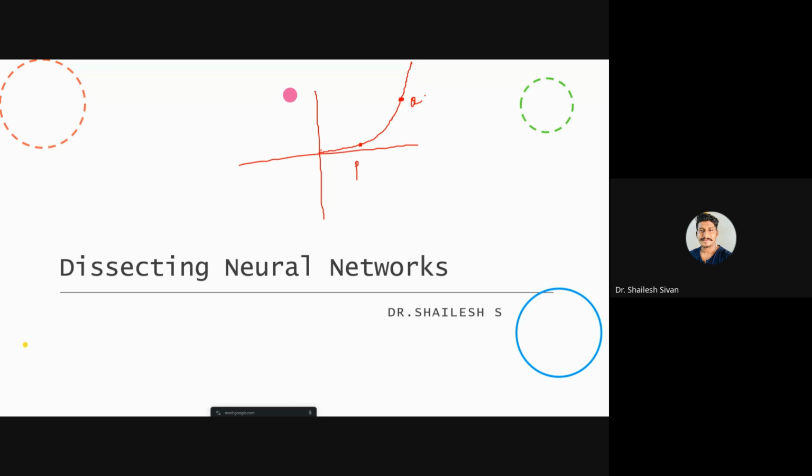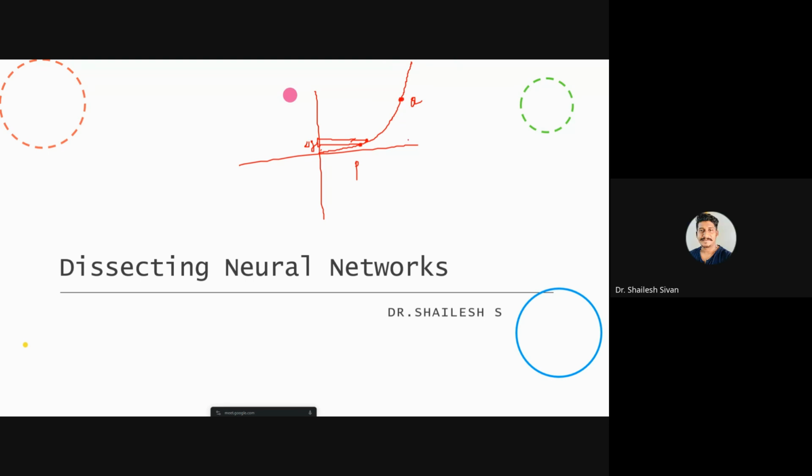At the point P, if you simply move to right, how much change in the y value can you observe? A significant change, right? If you simply move to right, the change will be like this. Clear? And what about this?